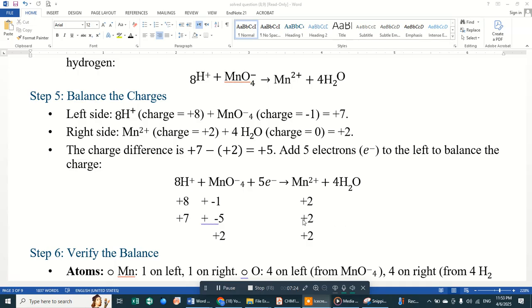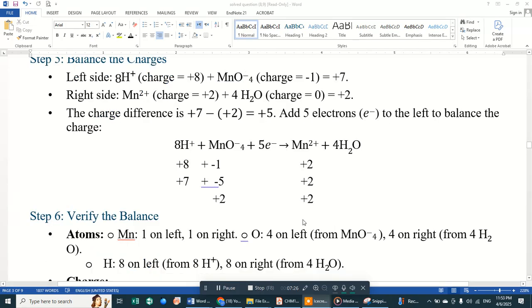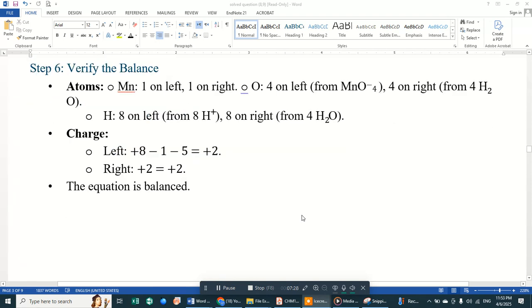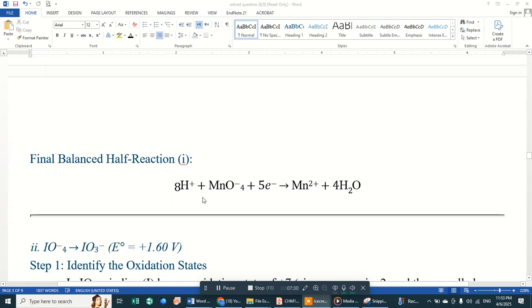It means that is the reduction reaction. At the last we see that manganese on both sides is equal, oxygens on both sides are equal, protons are equal, and charges are equal, +2 and +2. The equation is balanced.